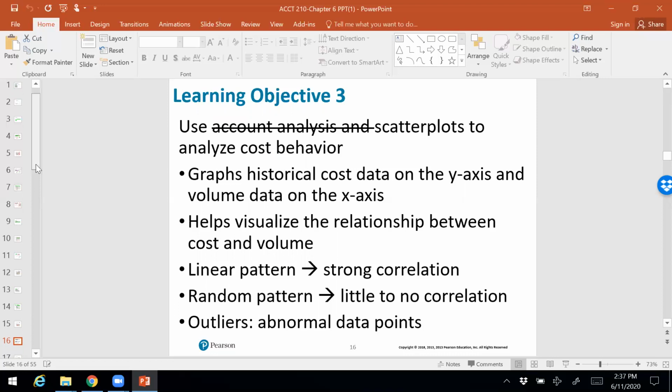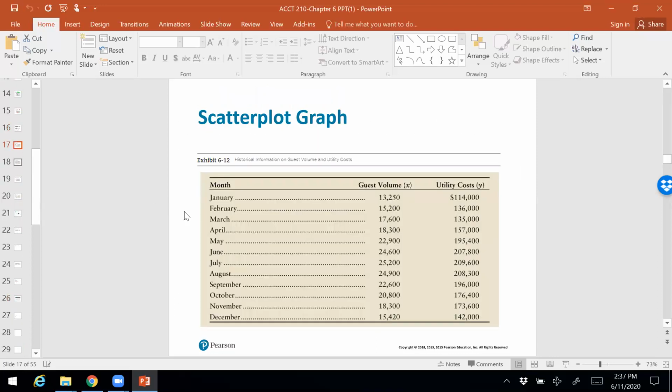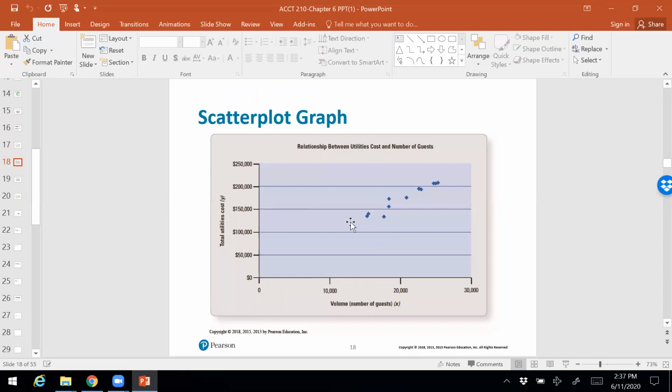I believe you all have seen this before. Basically, you just draw a dot, you have this X, you have this Y, and you do a survey, you get the results, and then you put this in the scatter plot to get a line. Let's use this as an example: you can find there is a trend, right? The general idea is if you have more guests, so our X is the volume, the number of guests.